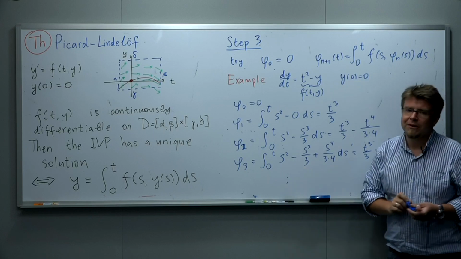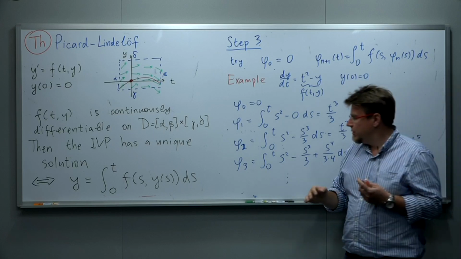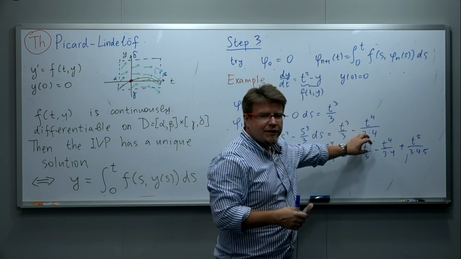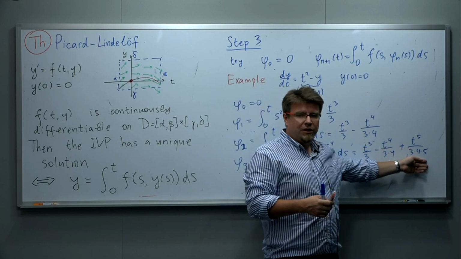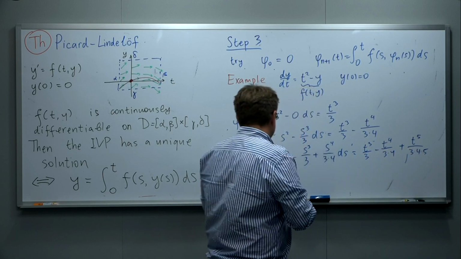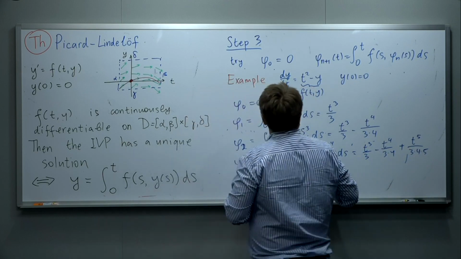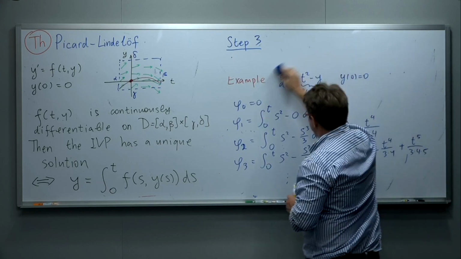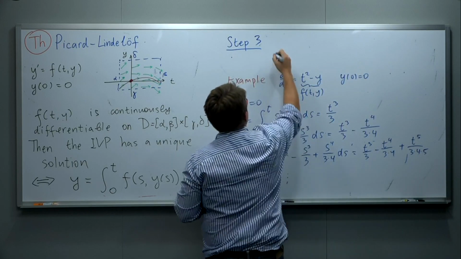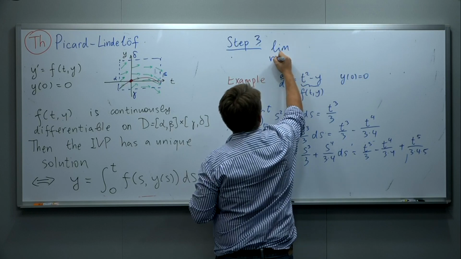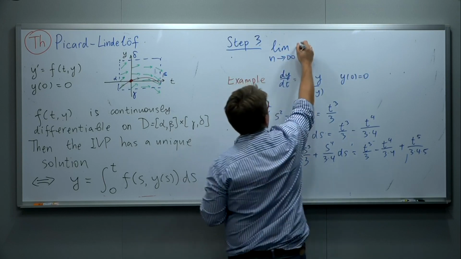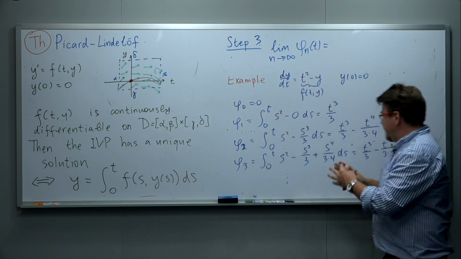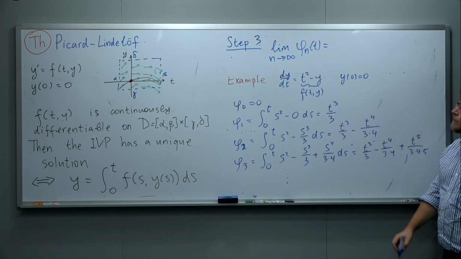And so on. Now, when we continue this sequence, in every step we just add one term here, which means that eventually the limit as n approaches infinity of our phi n of t is going to be just the infinite sum of all these terms.